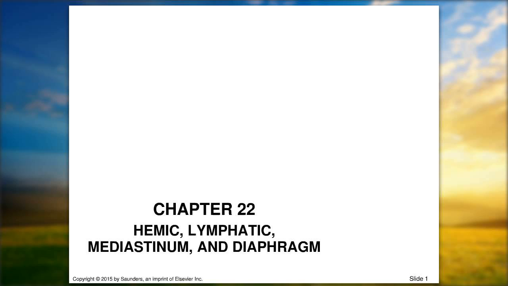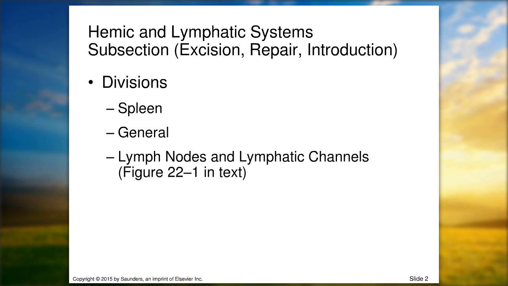Region 2, upper jugular group. Region 3, middle jugular group. Region 4, lower jugular group. And Region 5, posterior triangle group. I just wanted to throw that out there, see if anyone knew that question.